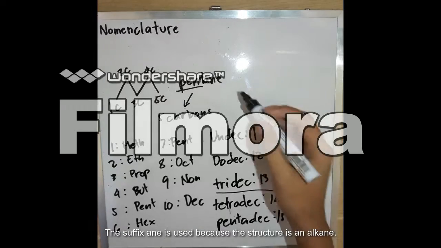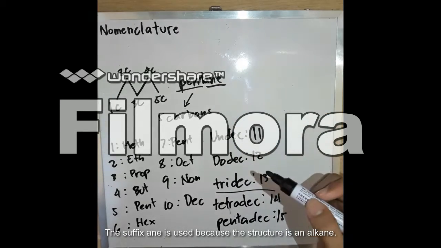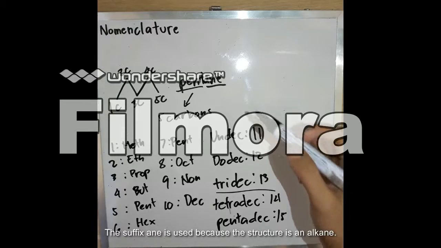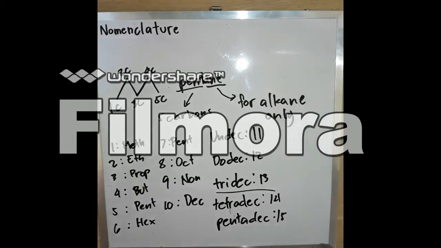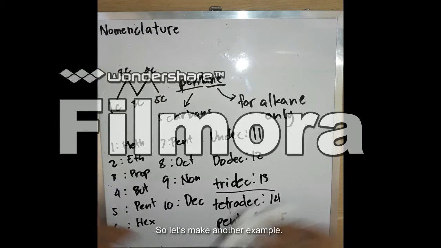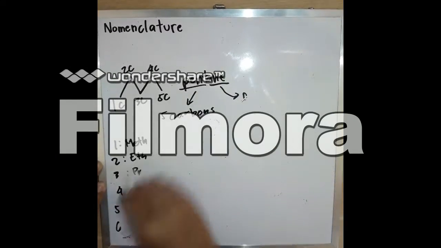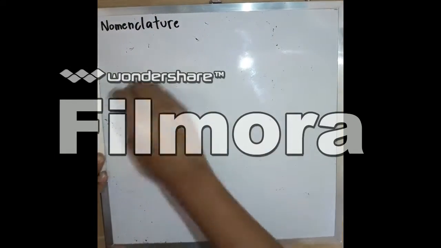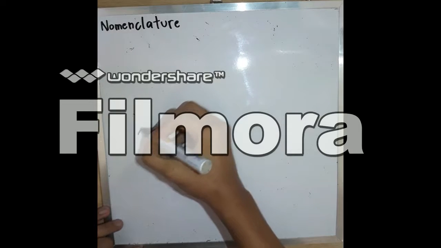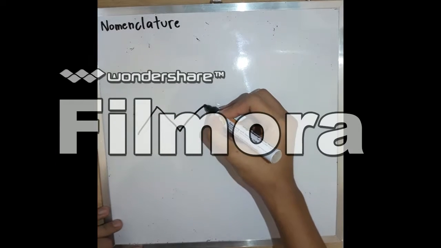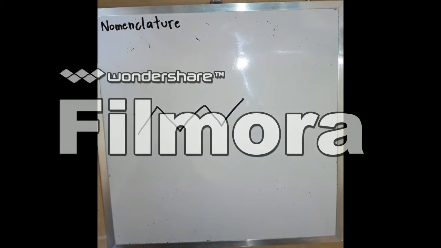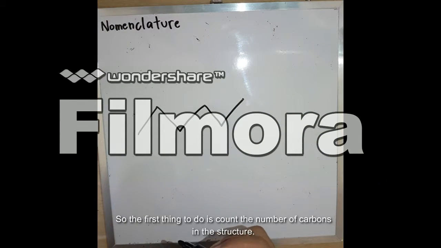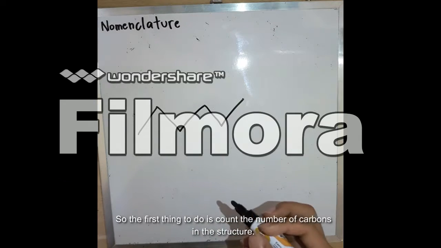The suffix "ane" is used because the structure is an alkane. So let's make another example. The first thing to do is count the number of carbons in the structure.